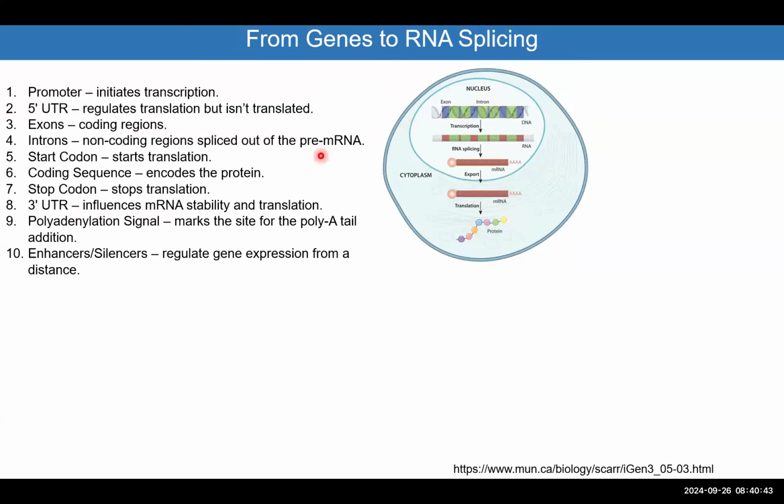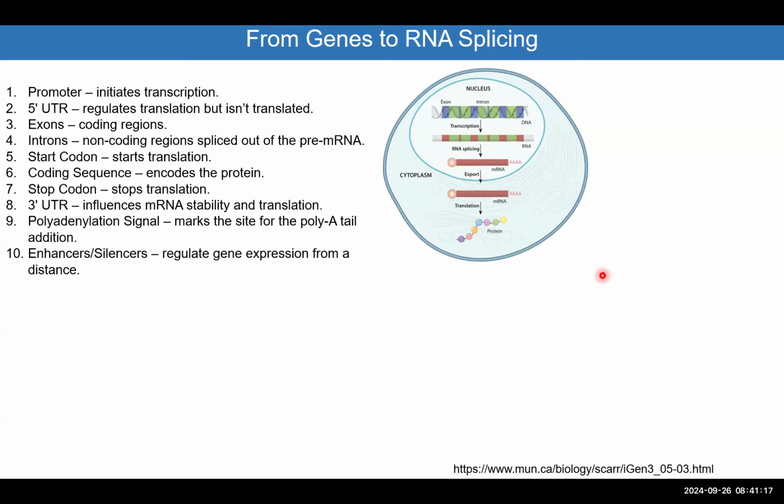Then the exons, the introns, of course, the start and the stop codon, and some sort of polyadenylation that happens at the 3' end to protect the messenger RNA, and some sort of enhancement at the 5' end as well to protect the RNAs and increase the stability. And finally, there are some other factors that are not presented here. These are sequences that are probably away from the gene, the enhancers and the silencers.